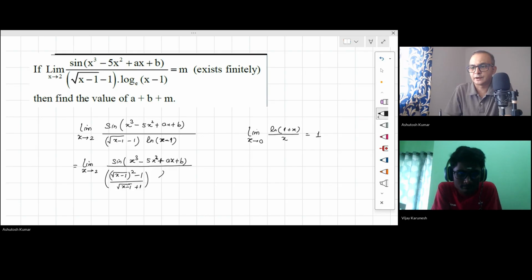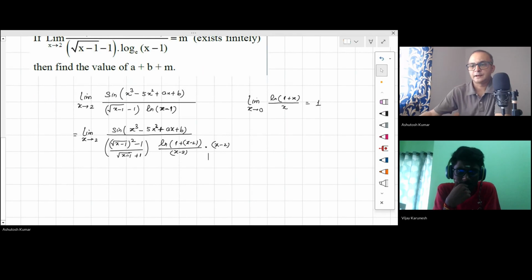And here I'm writing log of (1 plus x minus 2), dividing by the same thing x minus 2, and multiplying by it. Now notice what will happen. In this situation, this entire quantity when x approaches 2 can be assumed as 1, isn't it? Yes, sir. So this is 1, and in the denominator this quantity is also 1. Correct. And if you just simplify this numerator quantity, this will become x minus 2 again. Correct.